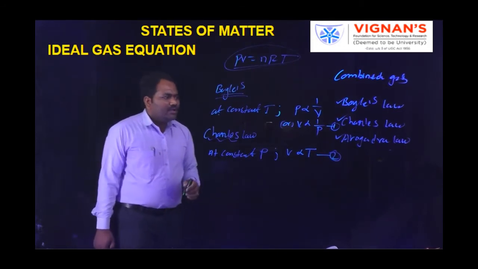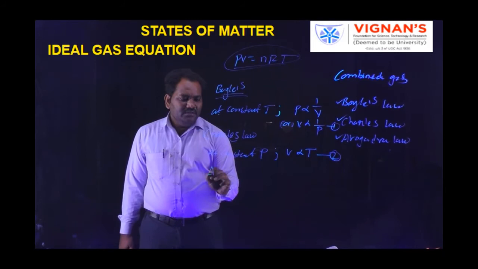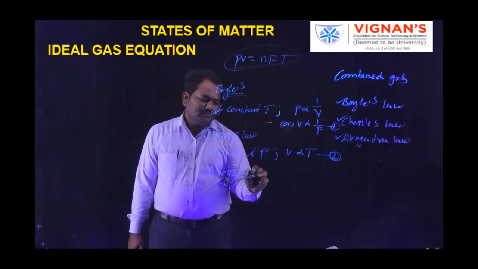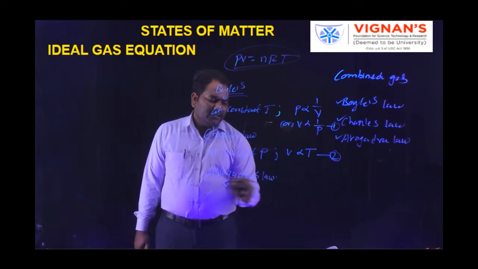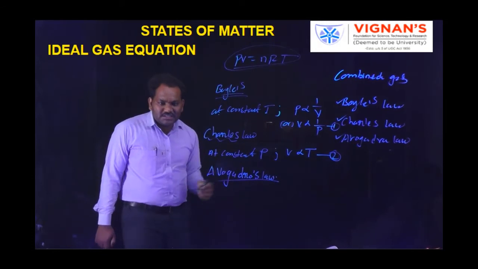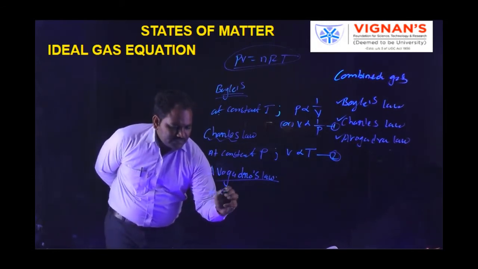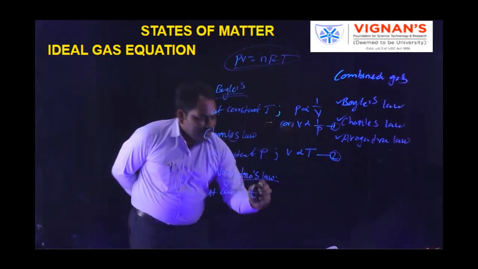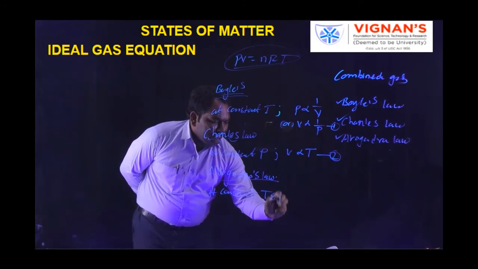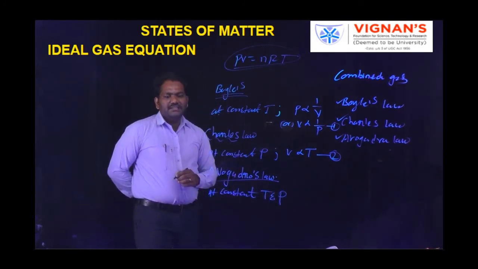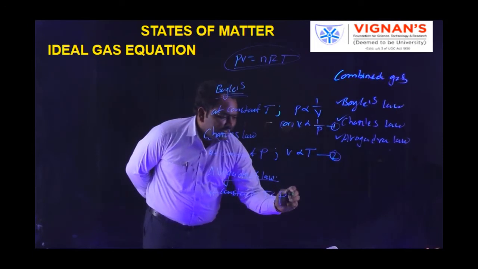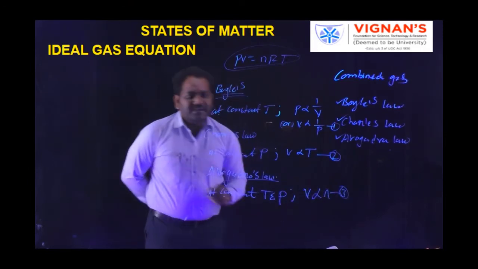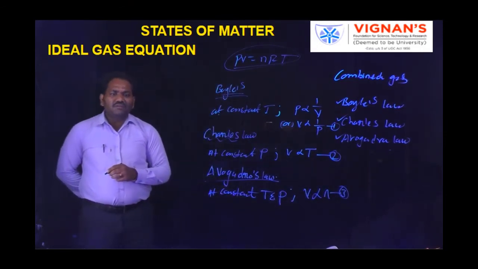According to Avogadro's law, at constant temperature and pressure, the volume of a gas is directly proportional to the number of moles.